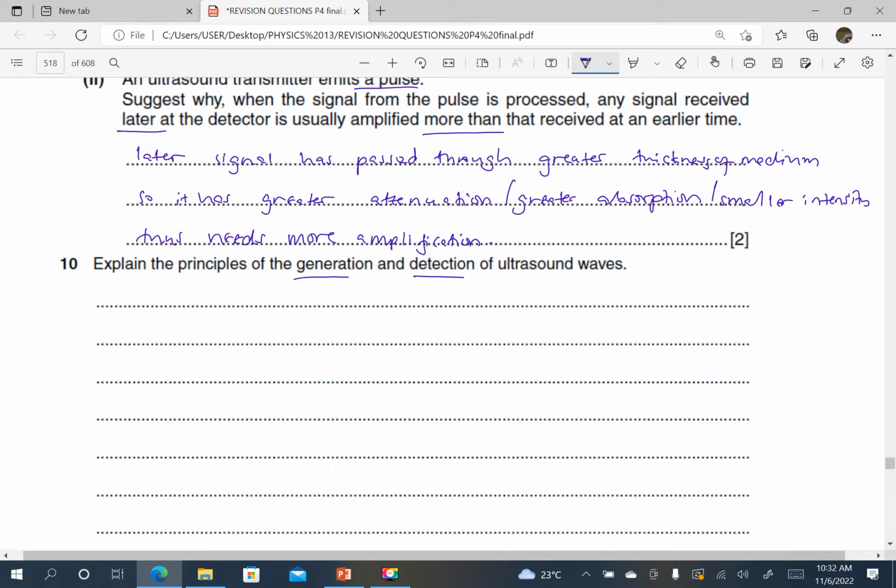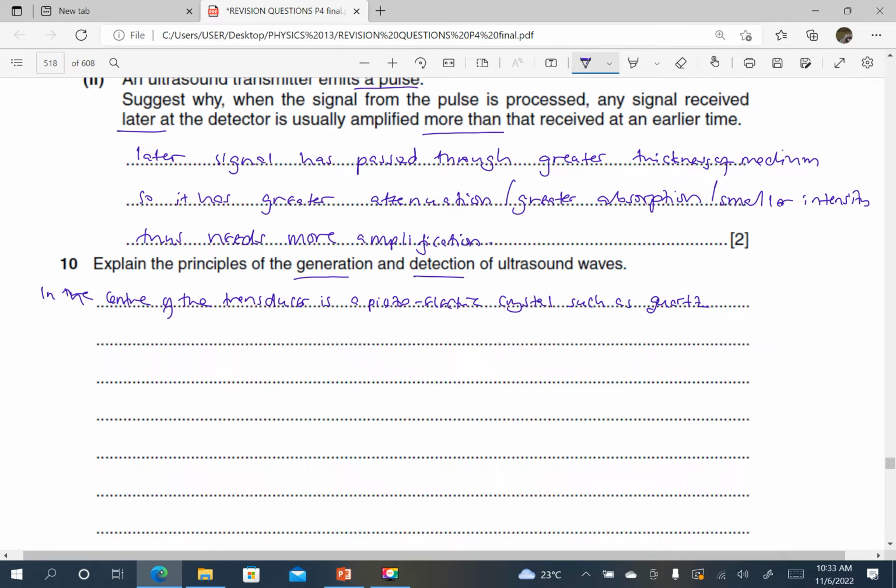Okay, so in the center of the transducer is a piezoelectric crystal, such as quartz.